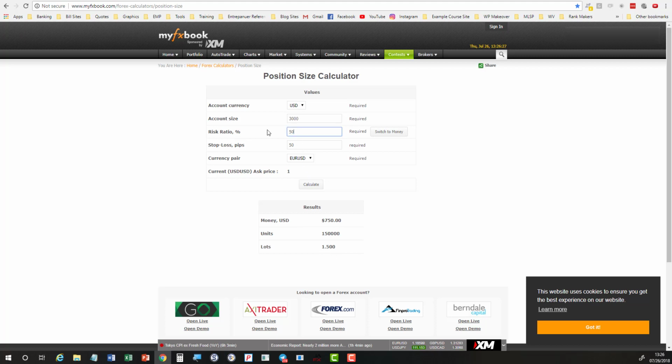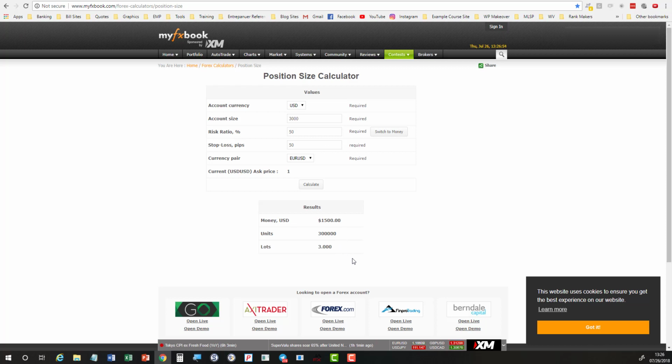So essentially, guys, think about this. To get it to a 3.0 standard lot, you will be risking 50% of your account balance, which means if it loses, you're going to lose $1,500 on a $3,000 account if it hits stop loss.